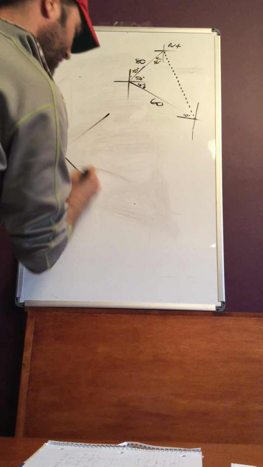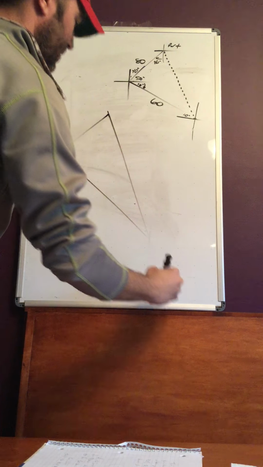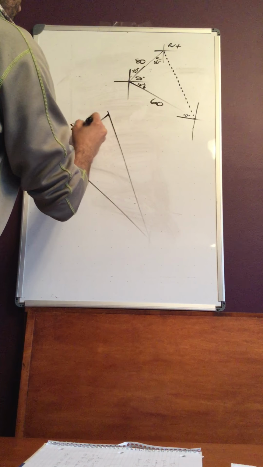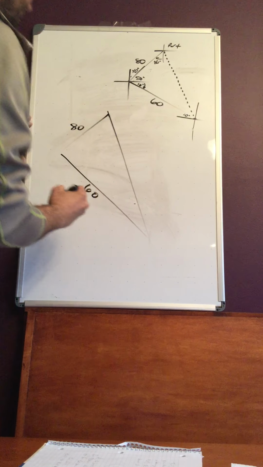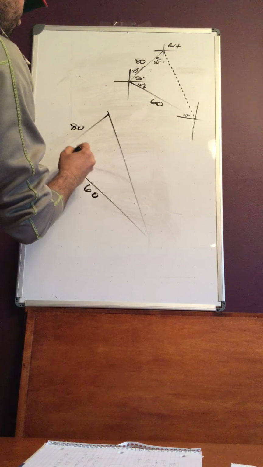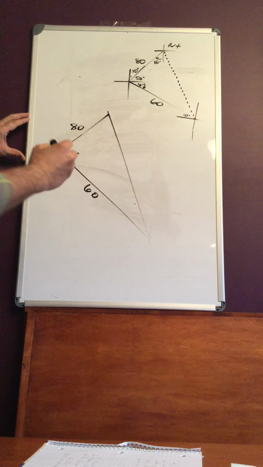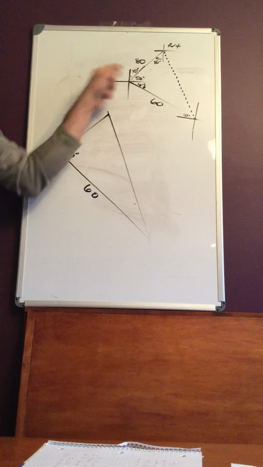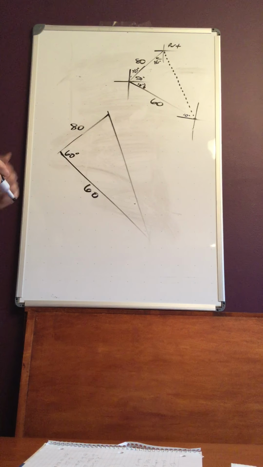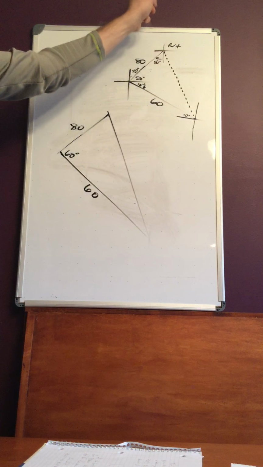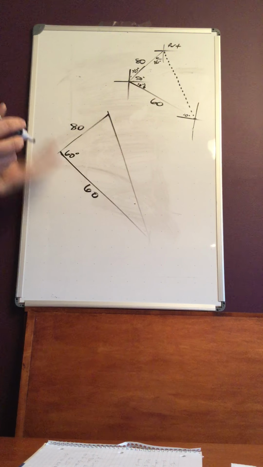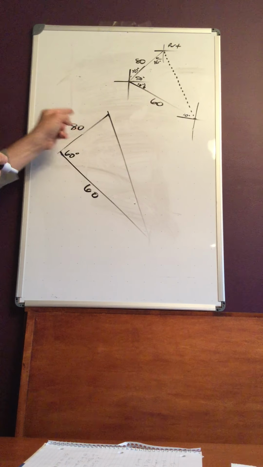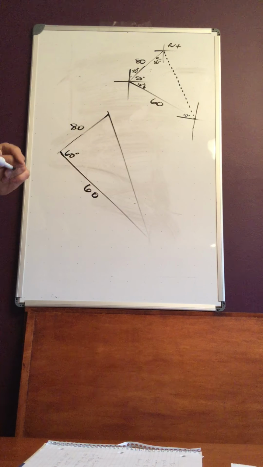I have this triangle here. I know that that is 80. I know that that is 60. And I know that this is 60 degrees. I got 60 because it is 50 plus 10, okay? So the easy part is finding the length of that dotted line. We have a triangle and we have side, angle, side, okay?